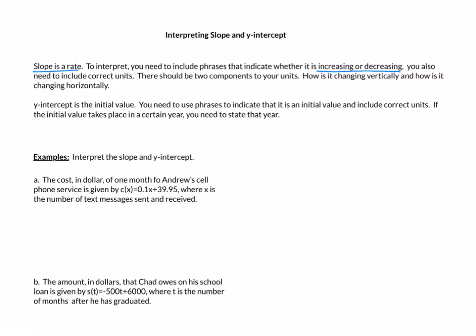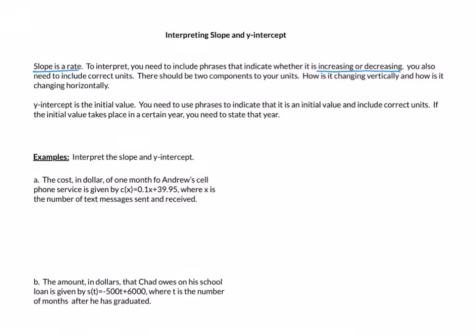So you need to use phrases that indicate it is an initial value and include correct units. If the initial value takes place in a certain year, you need to state that year. We're not going to say the initial value was, we're going to say in such and such year it was this. We'll see an example of this in a few minutes.